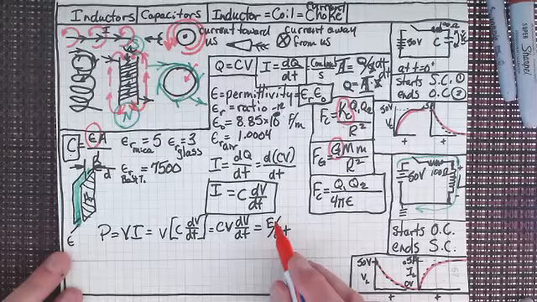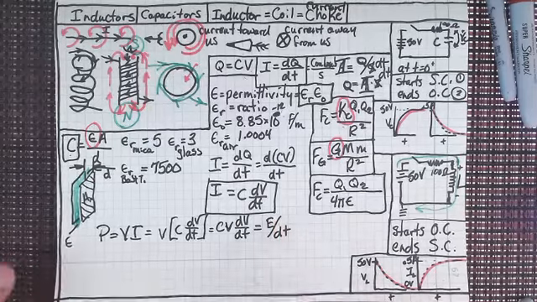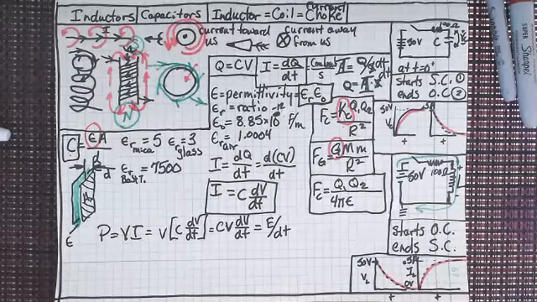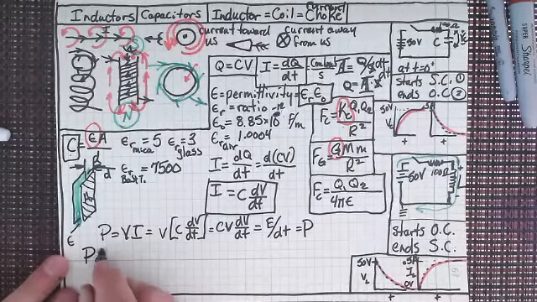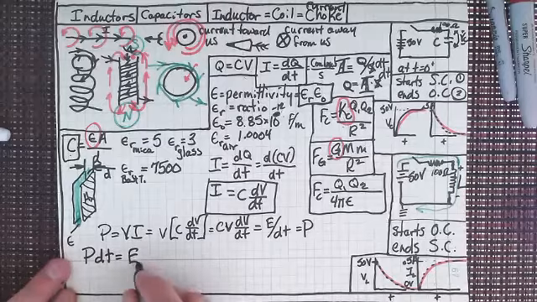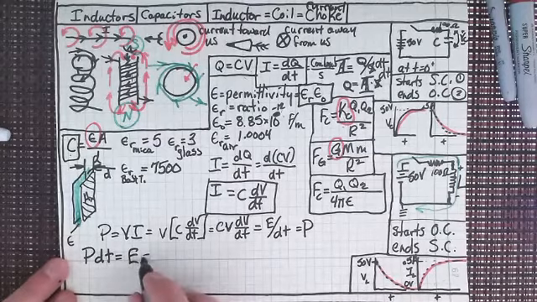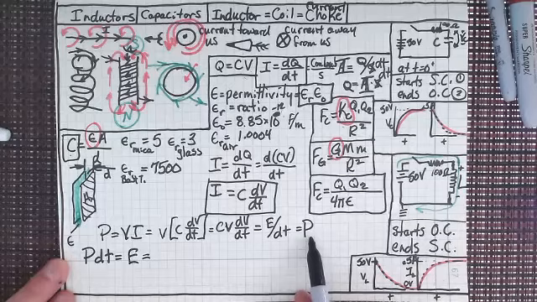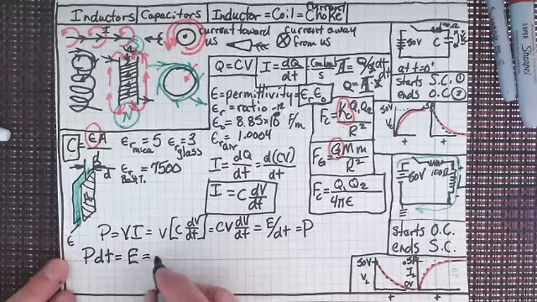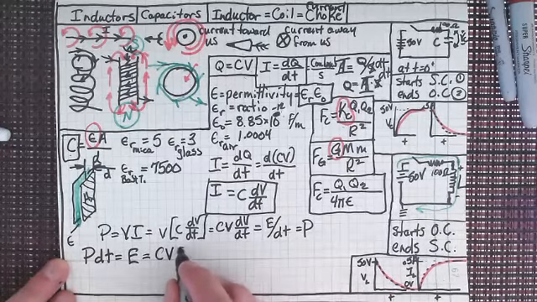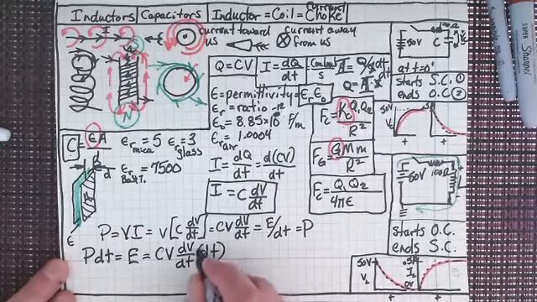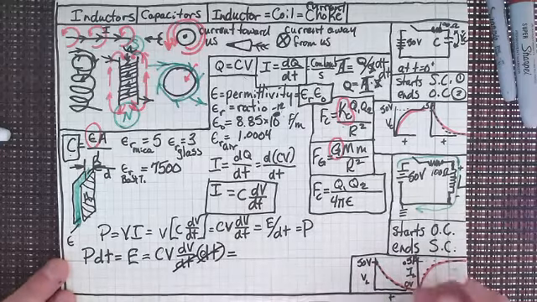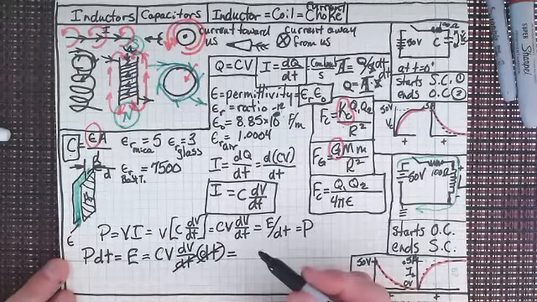Does everyone see that? So P dt equals energy. Well, if P dt equals energy, then CV dV/dt times dt must also equal energy, shouldn't it? So the dt's cancel out. The C is a constant.